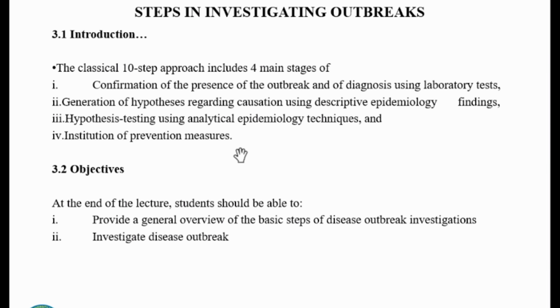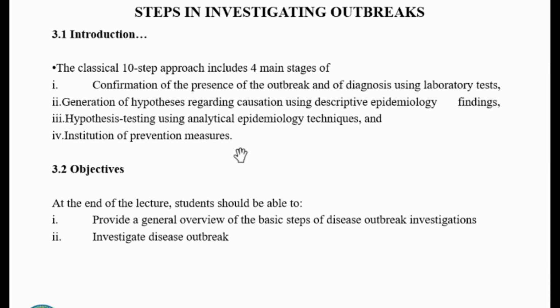They consumed maybe a certain type of meat. So it will be possible for you to analyze and come up with proof of your hypothesis and confirm that maybe this was caused by this and this and this. And after that, you can now plan what your intervention measures, prevention measures, and control will be.